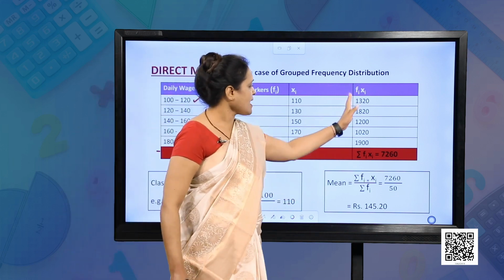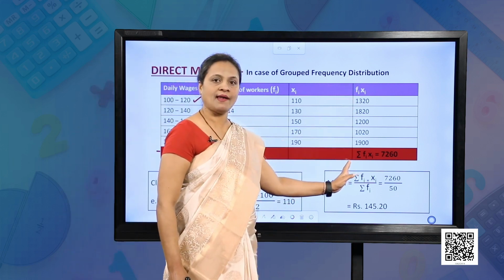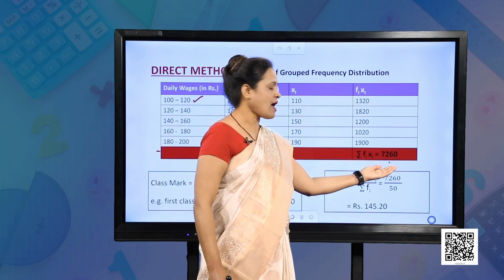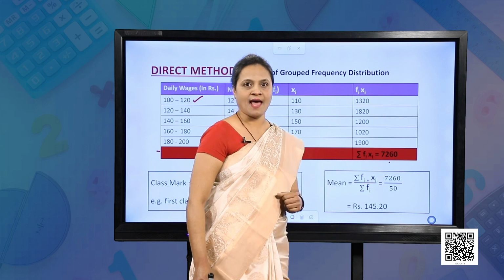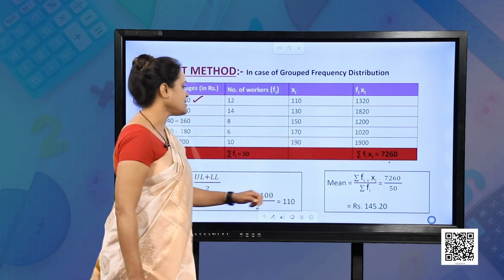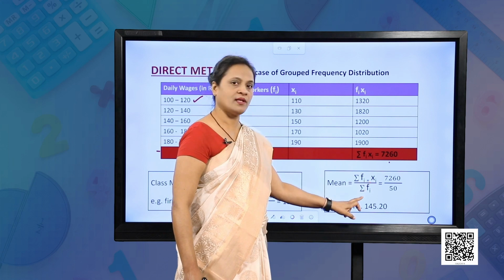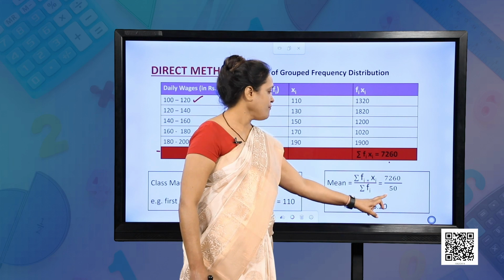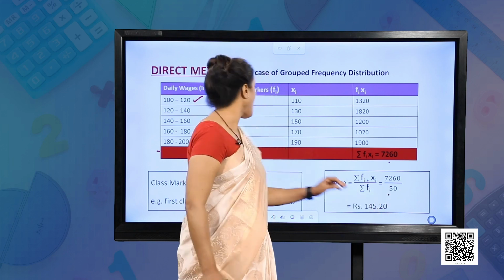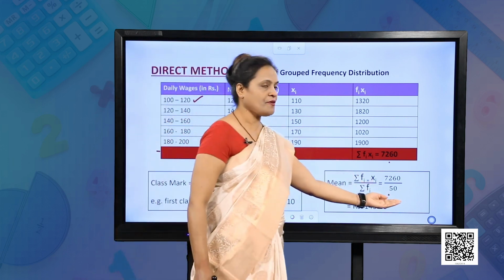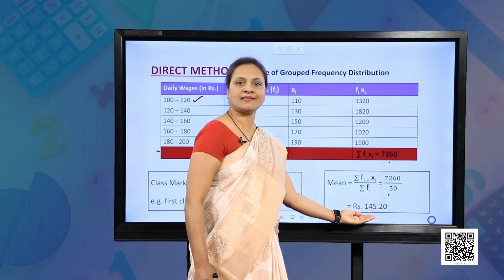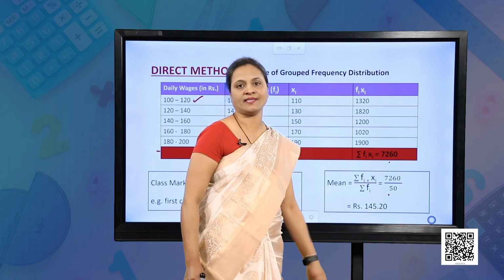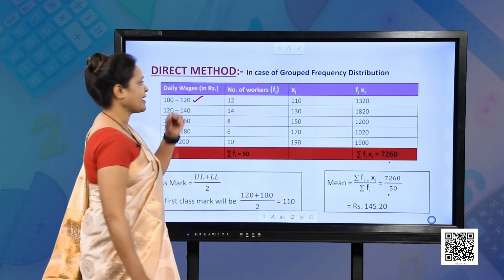Now, we will take the sum of all these products, that is sigma Fi Xi. It comes out to be 7260. Now, our formula for mean is sigma Fi Xi upon sigma Fi. So, total 7260 will be divided by the total number of workers, that is 50, and we get the mean salary of each worker as 145 rupees and 20 paisa. This was the direct method.